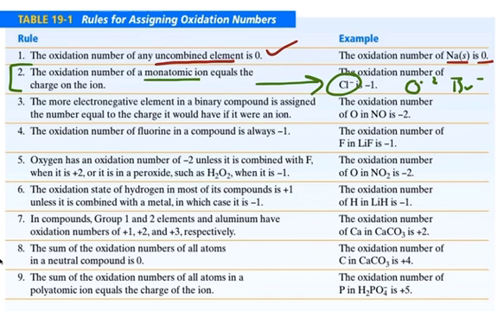And here's one thing that I would actually prefer that you do. We can look at our halides, which are pretty predictable, but we should also skip down and look at this rule right here, that the oxidation number of oxygen is almost always -2.